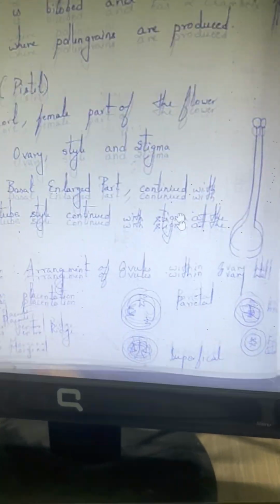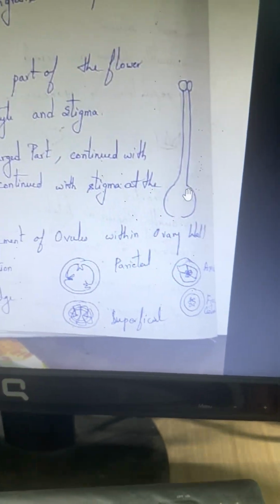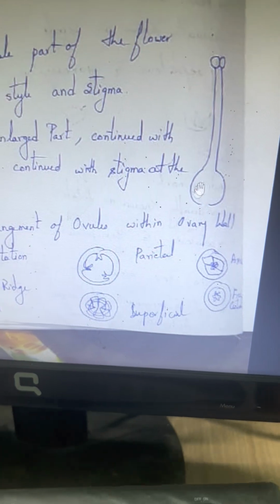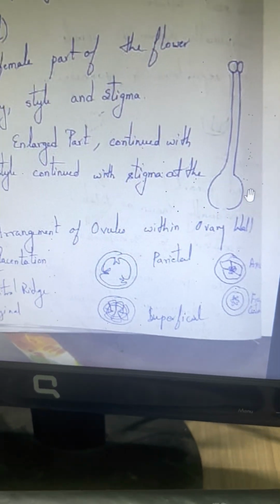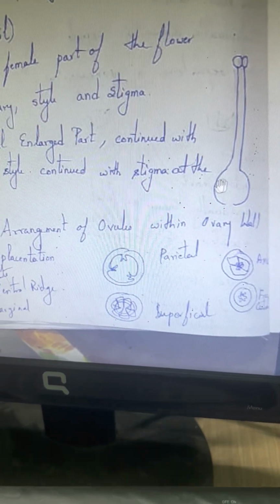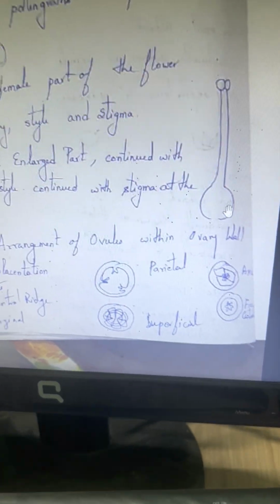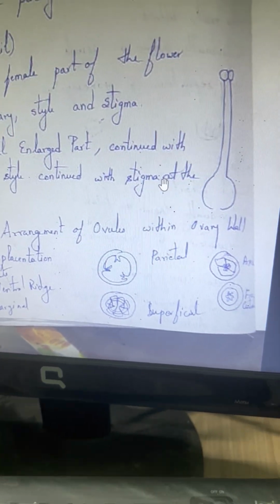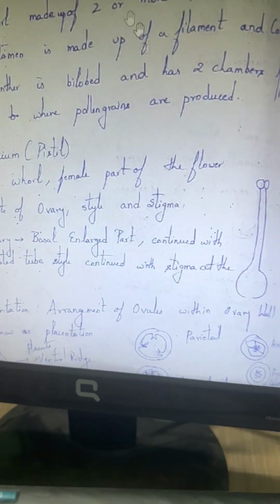Inside this ovary we have placentation, where the arrangement of ovules within the ovary wall takes place. This contains ovules, those are the female reproductive parts, like pollen grains are present in male parts, no?